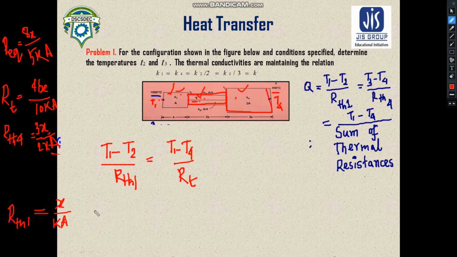RT. Now you know that this T1 is 1000, this is your T2, and this RTH1 you have found as x divided by Ka. You know that T1 is 1000 degrees Celsius and T4 is 400 degrees Celsius, then T1 minus T4 would be 600.